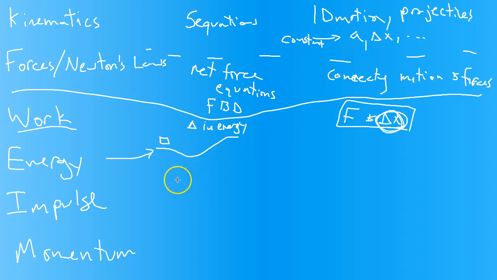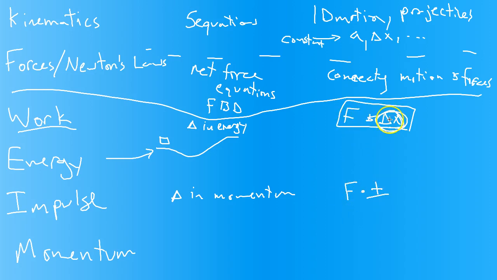Okay. Next, impulse. The clue there is it's a change in momentum. We're using impulse when there's a force acting over some amount of time. So impulse is important when we have a combination of force and time.